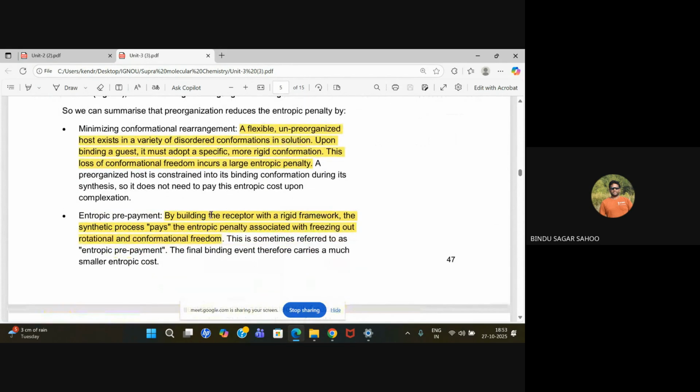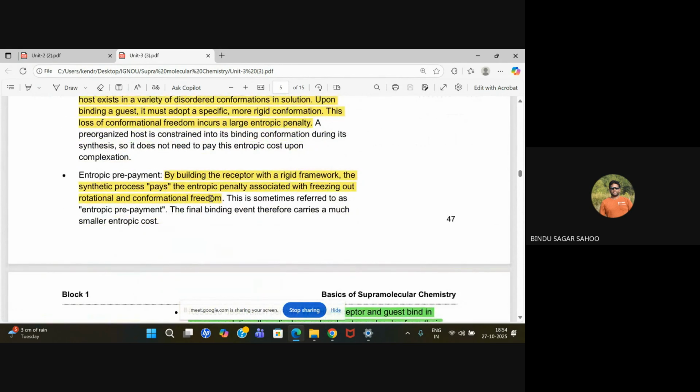This is also called entropic prepayment. By building the receptor with a rigid framework, the synthesis process pays the entropic penalty associated with freezing out the rotational and conformational freedom. So this is sometimes referred to as entropic prepayment, and the final binding event therefore carries a much smaller entropic cost.